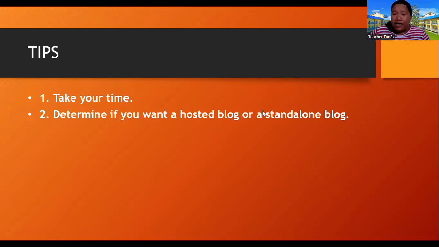With hosted blogs, the blog address will usually be a combination of your chosen blog name and the URL. So for example, if I am in WordPress, my website address would be like this: www.geraldineramain.wordpress.com, right?